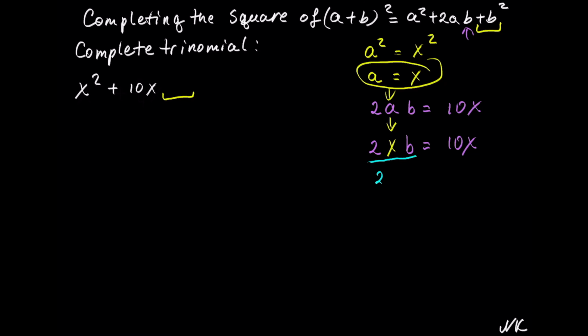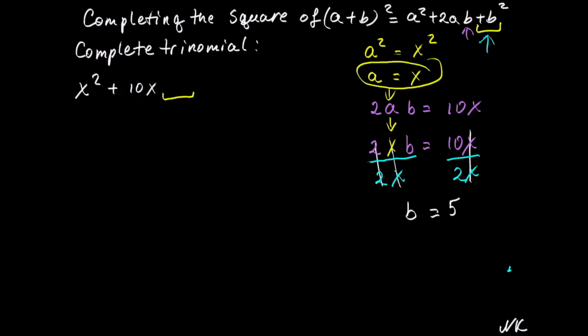The inverse of that is to divide by 2x. 2x out of 2x will cancel into 1, and we get b is equal to 10x divided by 2x. x out of x cancel into 1, 10 divided by 2 gives us 5. So b is equal to 5, and to complete this trinomial, we just need to find b squared.